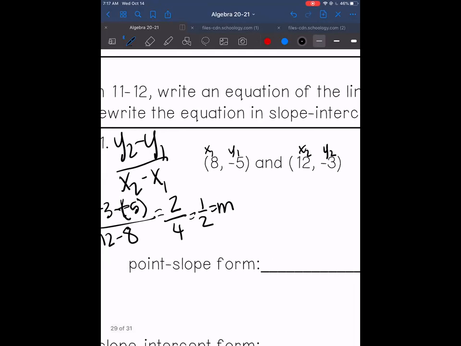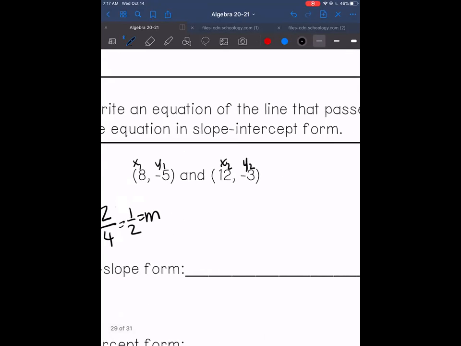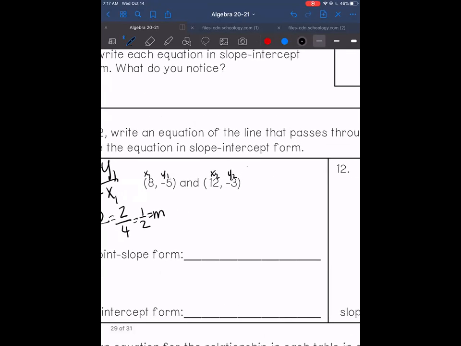And I'm going to use my x1 and y1 as the x1 and y1 that I need for my point slope form. Remember, point slope form is y minus y1 equals m times x minus x1. Okay? So I know what my m is, I know what my x1 is, and I know what my y1 is. So I can write this in point slope form.